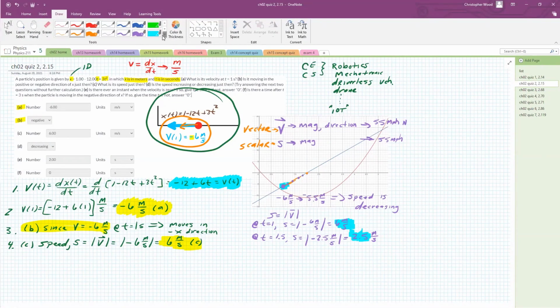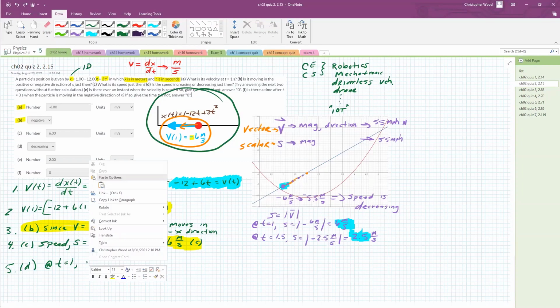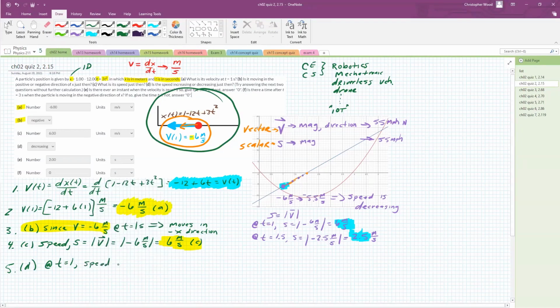Okay, so for part D, I'd say number 5, part D, at t equals 1, speed drops from 6 meters per second to less than 6 meters per second.